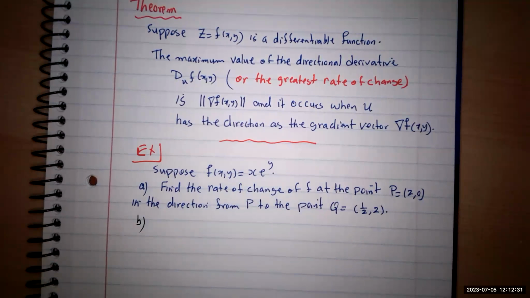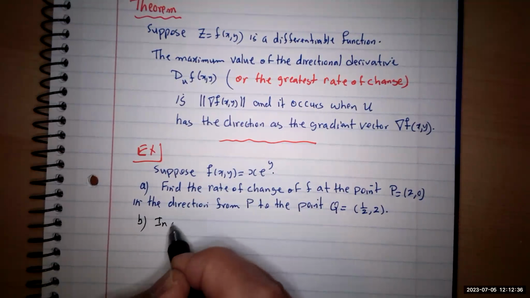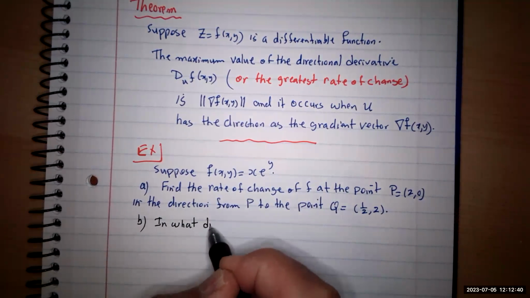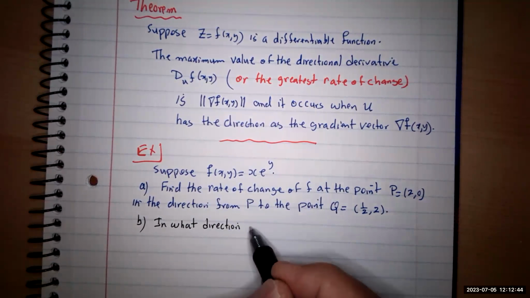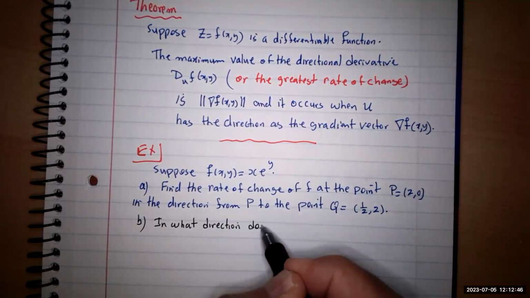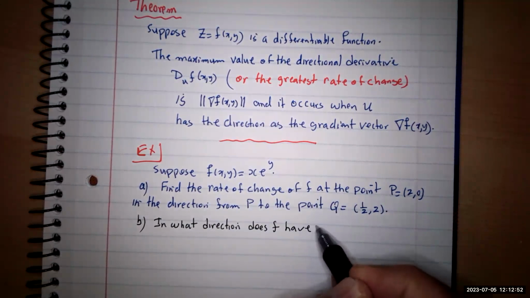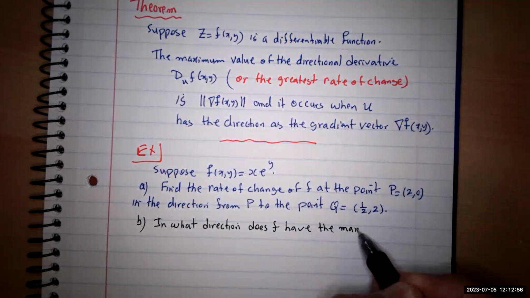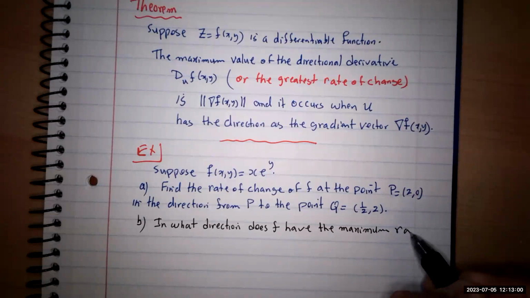In the second part, they ask for the maximum. In what direction does f have the maximum rate of change?